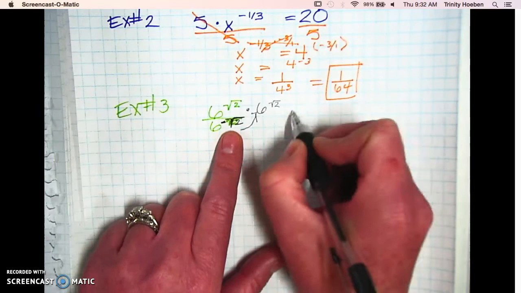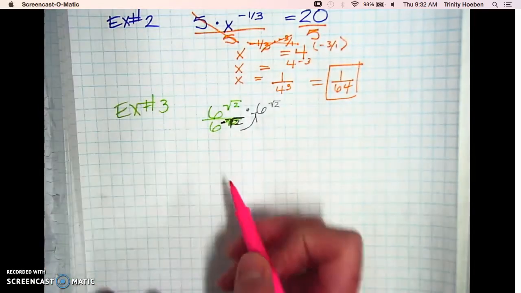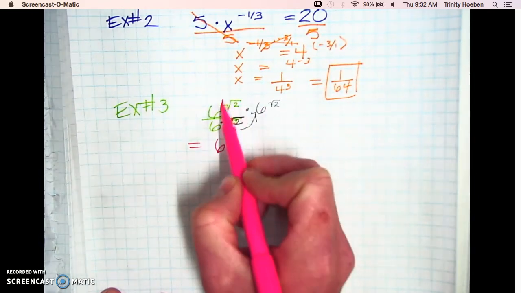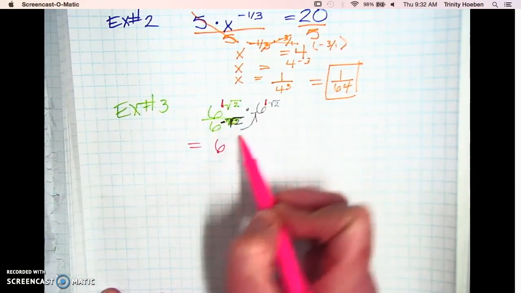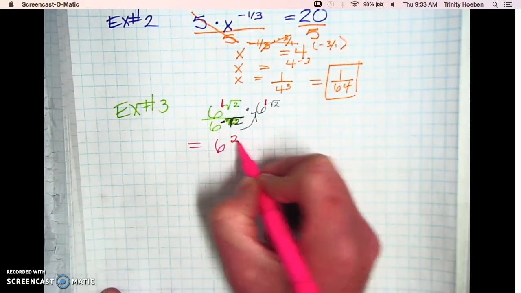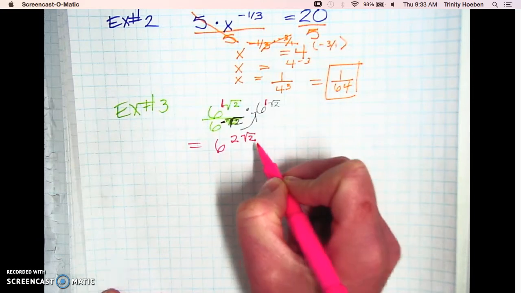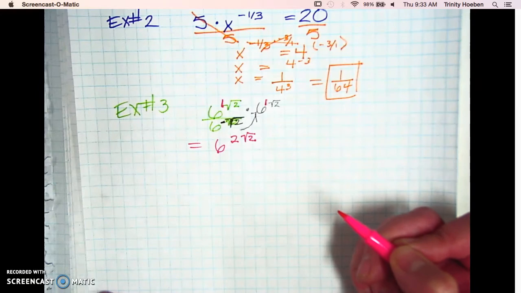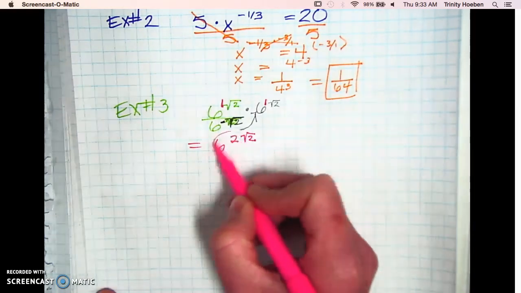So now we've got 6, and if we have one of them here and one of them here, same bases, what do we do with those exponents? Add them. So we have 2 square roots of 2. And we can simplify this part, right?